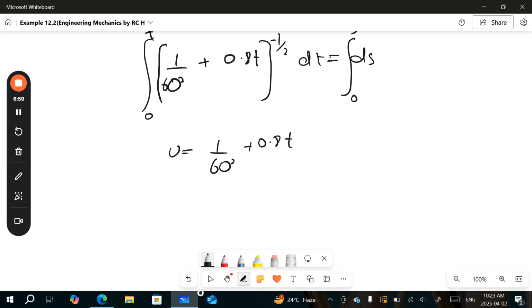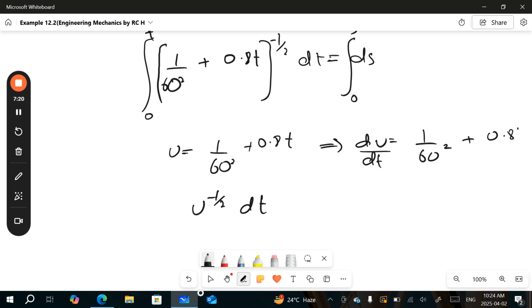So putting this in the above equation becomes u power minus 1 by 2 into dt. So u is equal to 1 by 60 square plus 0.8 t, and we have to take the derivative with respect to time.